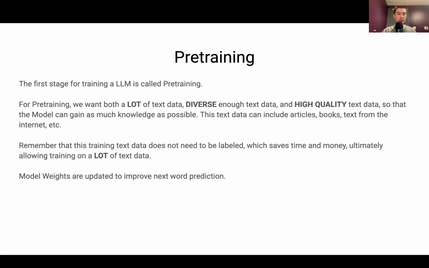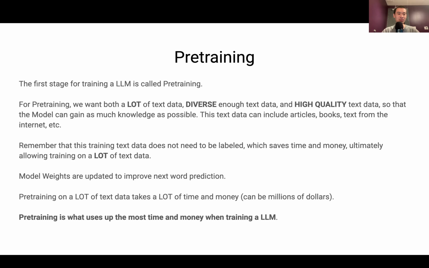Model weights are updated to improve next word or next token prediction, and pre-training on a lot of text data takes a lot of time and money, can be millions of dollars, so this might not be something you can just train at home on your laptop. And pre-training is what uses up the most money and time when training an LLM.